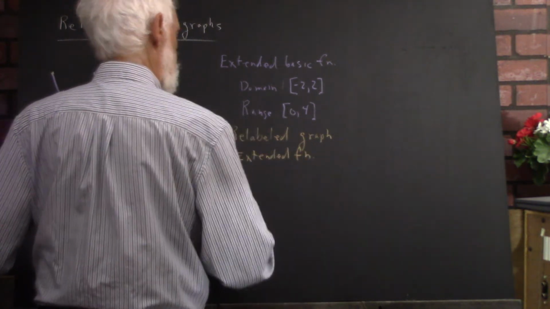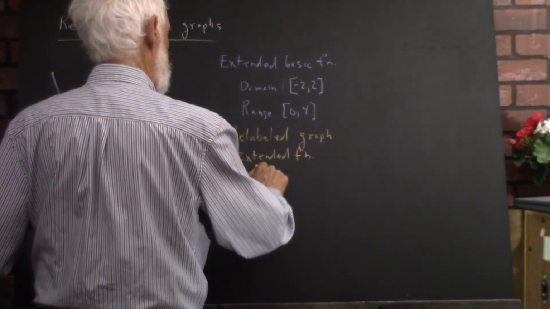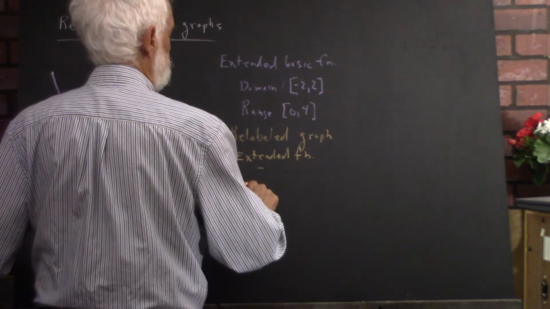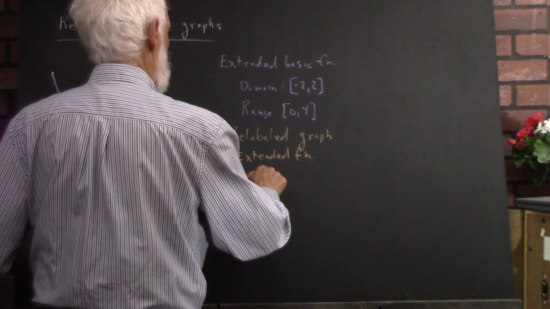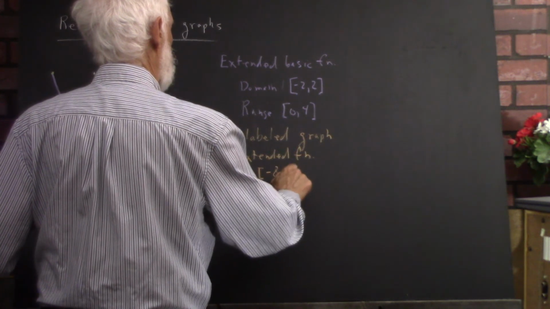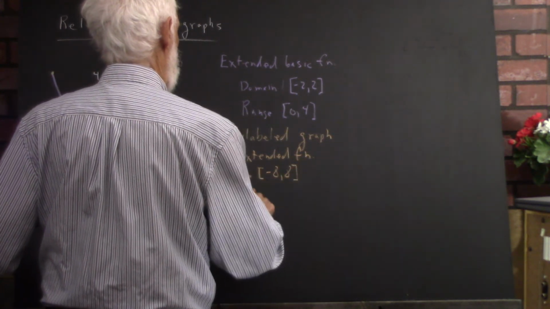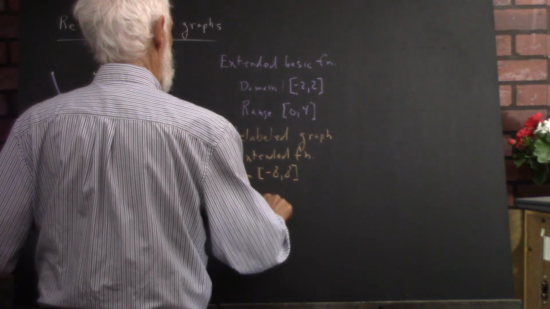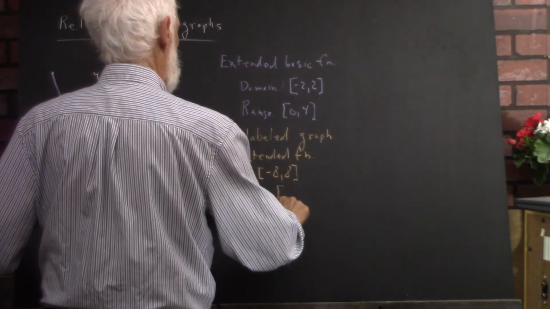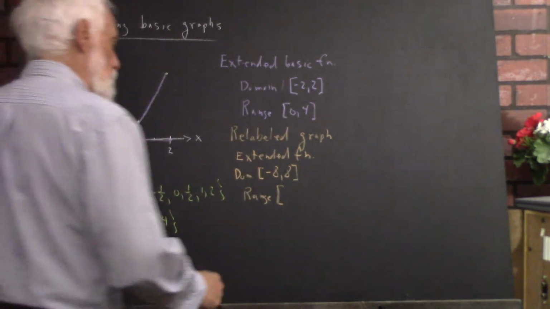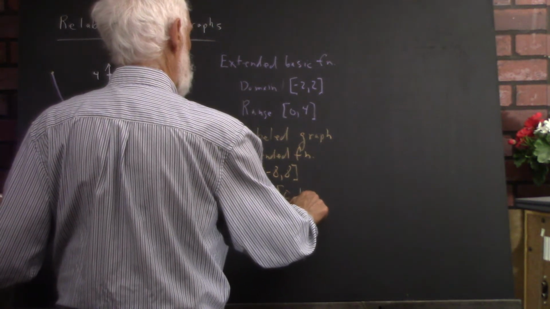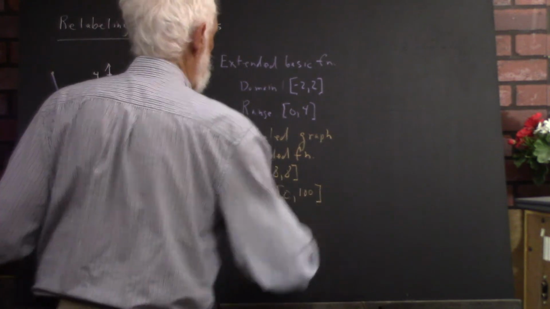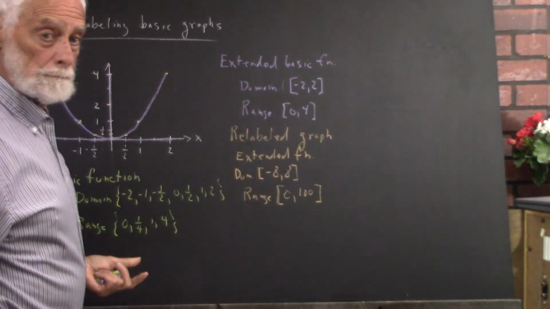For the extended function, we want the domain to be -8, 8. And we want the range to be, let's say 0, 100. Okay?